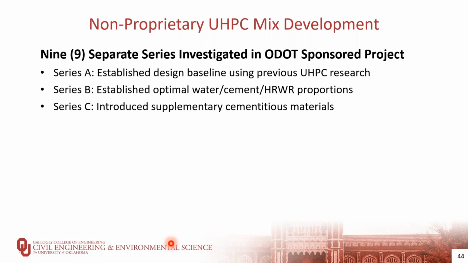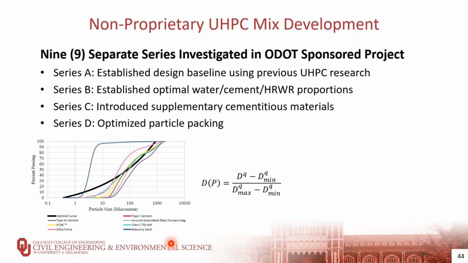Once we had that general idea of what materials we were going to use for our mix, we moved on to optimizing the particle packing for the specific materials we had available. And so we were able to obtain particle gradations for all of the materials that were utilized: the type 1 cement, slag, fly ash, available sands. We used a fine masonry sand that was oven dried.